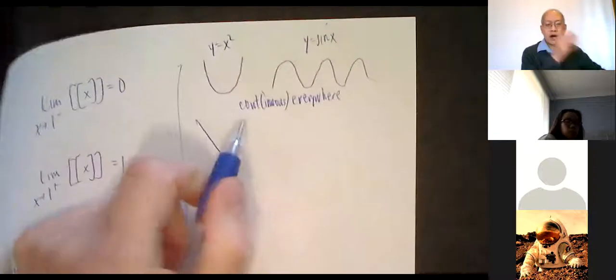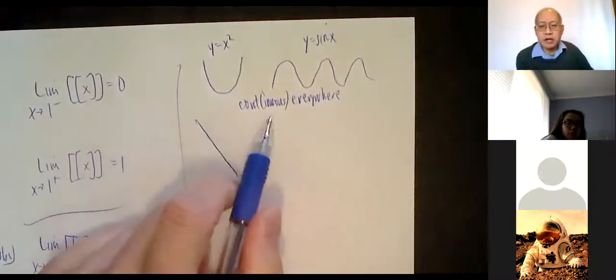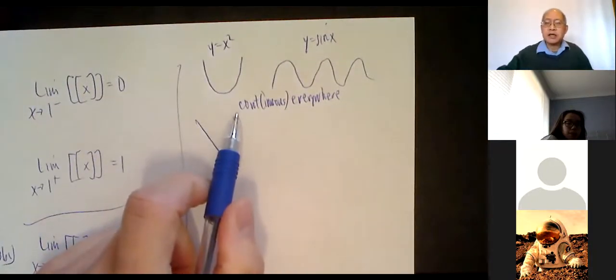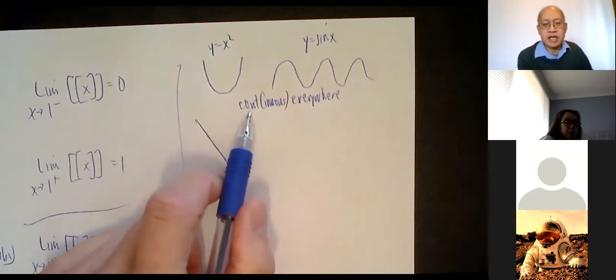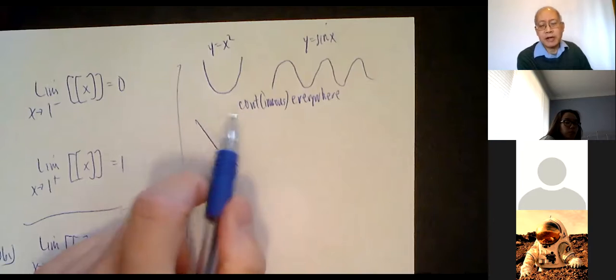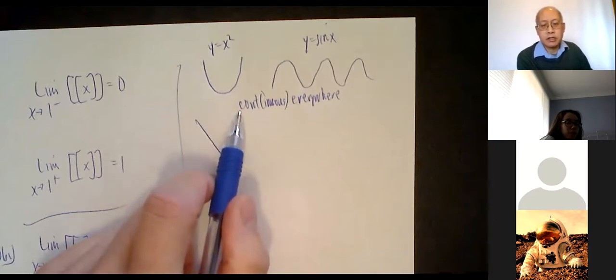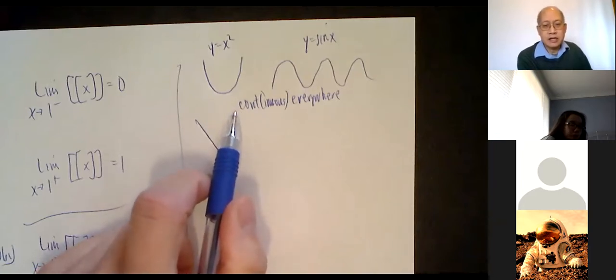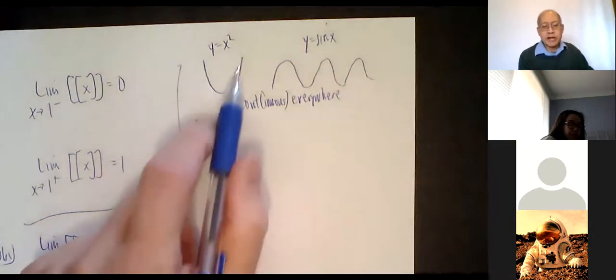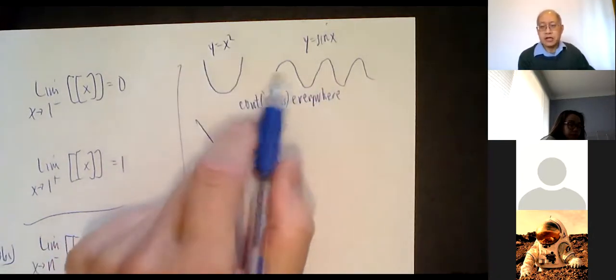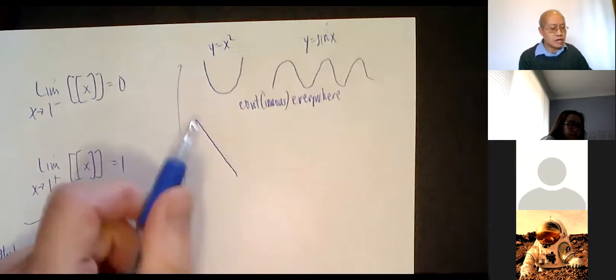And after a while, it gets too tedious to keep writing continuous. I will abbreviate cont, C-O-N-T, and you may do likewise if you get too tired of writing C-O-N-T-I-N-U-O-U-S. I might just write cont for continuous, and discont, D-I-S, for discontinuous. So y equals x squared, continuous everywhere. Sine function, lines, continuous everywhere.